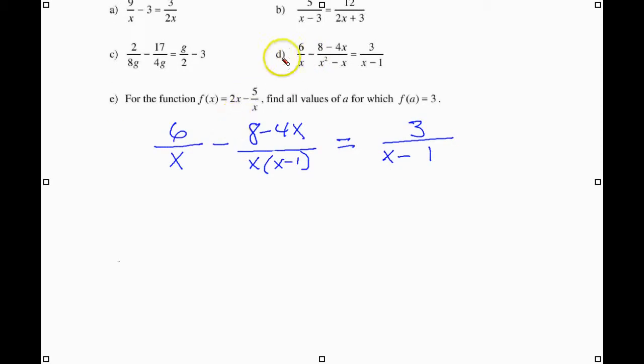Now, as we look at example D here, I'm just copying it. Notice that when I factor x squared minus x, it becomes this. And now this happens to be my lowest common denominator.